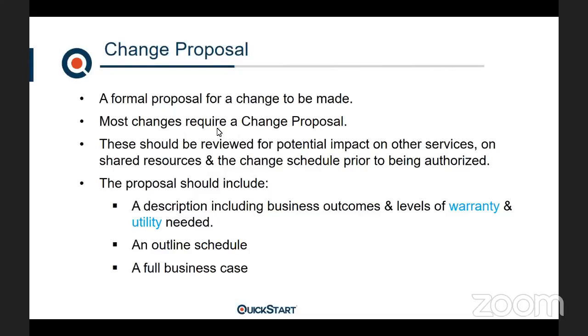This is what you write down. And then there are two things we should keep in mind when we go through this document. Basically we need to define warranty and utility in this proposal. What is warranty and utility?